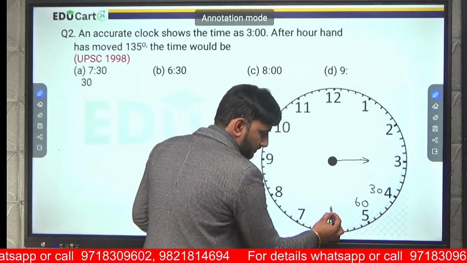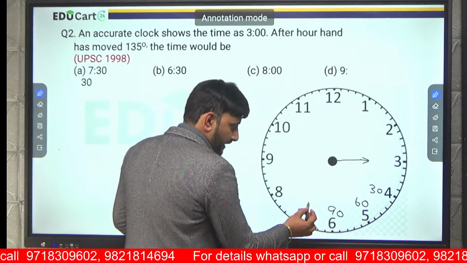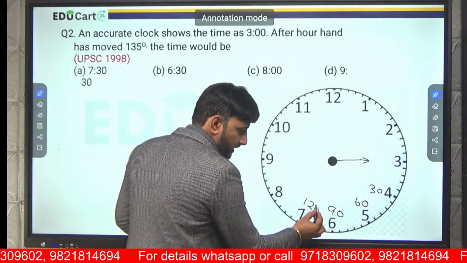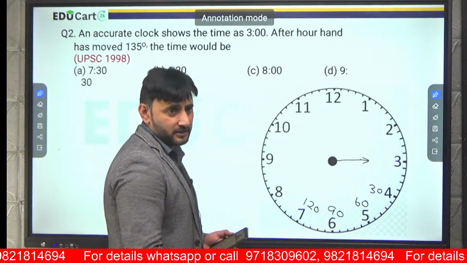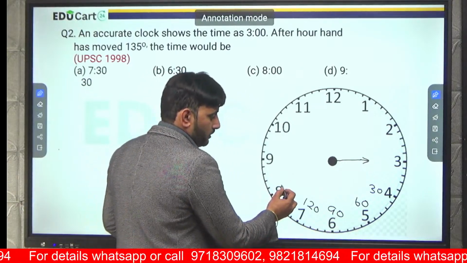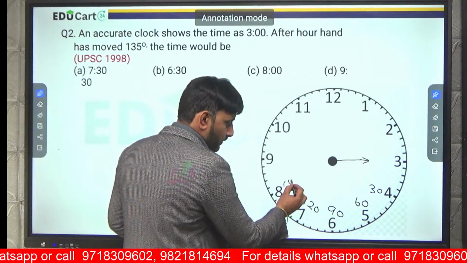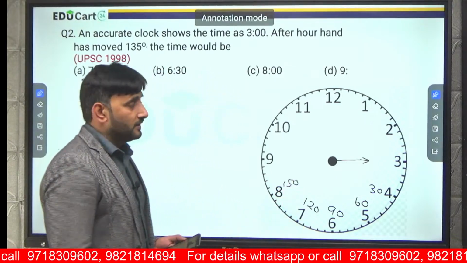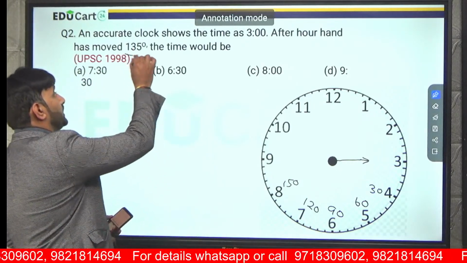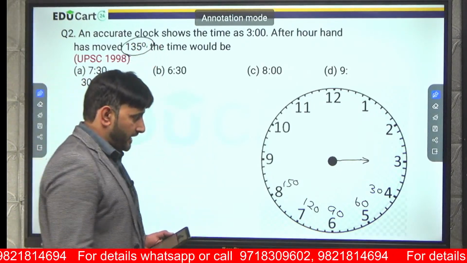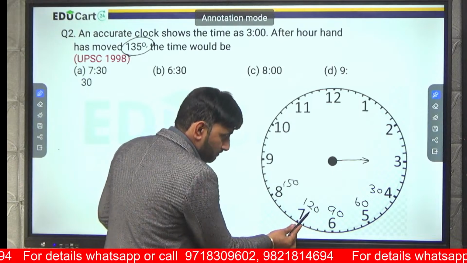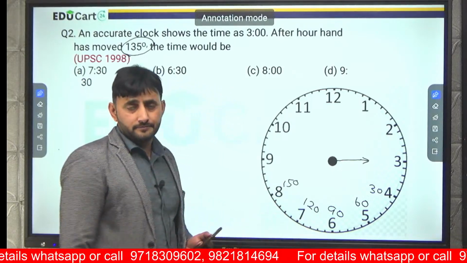Till 6, 90 degree. Till 7, 120 degree. Each marking we are increasing by 30 degree. Till 8 o'clock, what will be the angle? 150. We want a value of 135 degree. So can I say 135 means between 120 and 150?